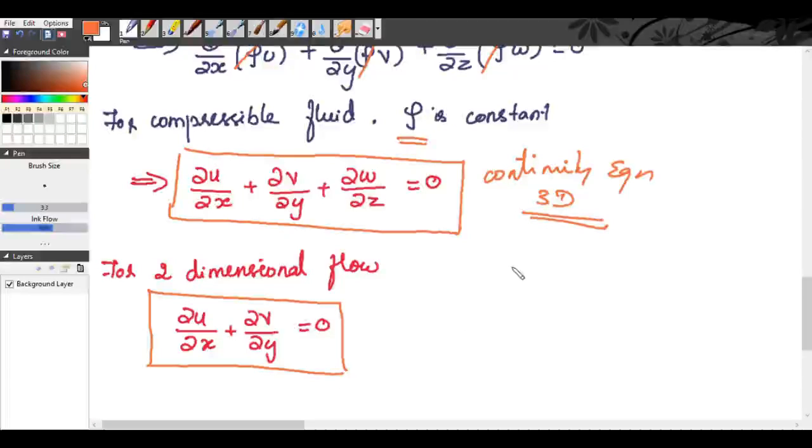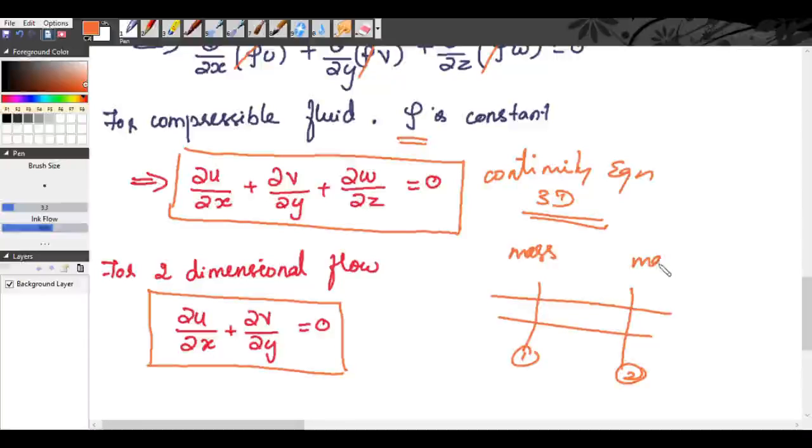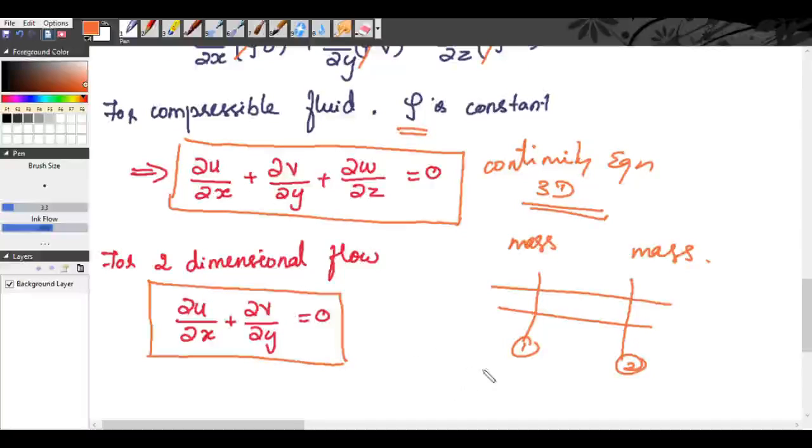So in general, while the fluid is flowing through a pipe, when you are taking two sections, the continuity equation is the law of conservation of mass, right? Mass remains the same. That means ρ1 V1 A1 will be equal to ρ2 V2 A2.